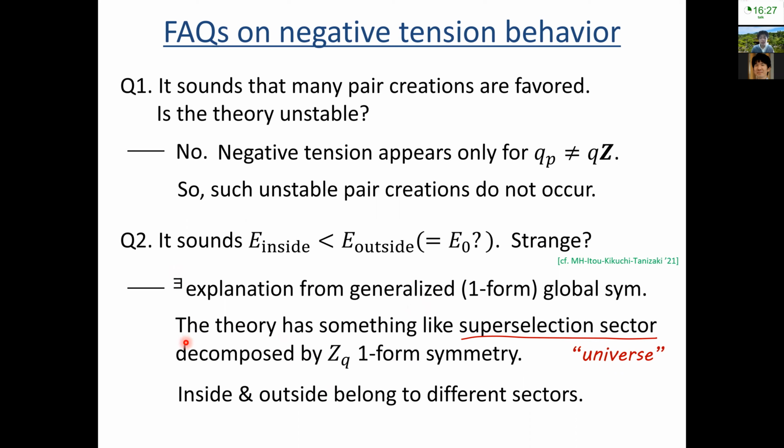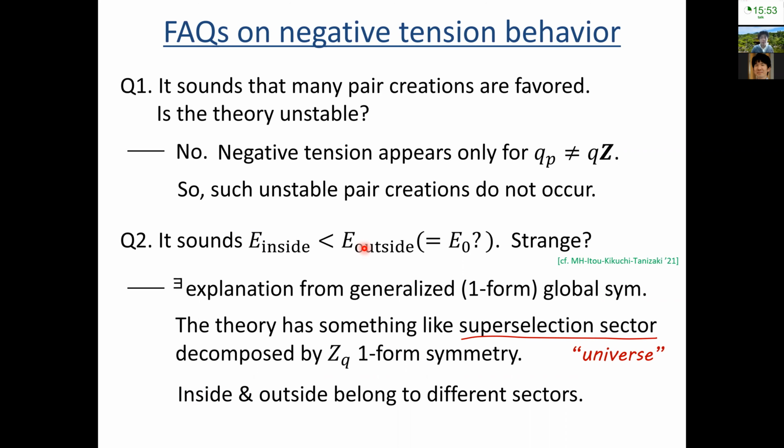And the theory has something like a superselection sector decomposed by the one-form symmetry, and this is called the universe recently. And then inside and outside belong to different sectors decomposed by the symmetry. So the sectors inside and outside can be separated. So there is no contradiction.